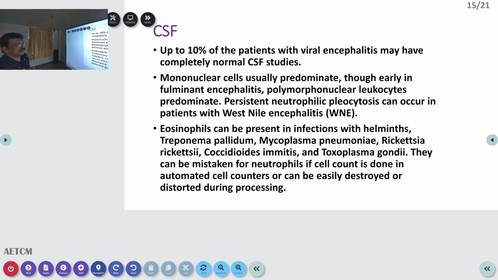Some viruses like West Nile virus encephalitis, there will be neutrophil predominance in the CSF, but in India it is not very common. Eosinophils are also seen in some infections, but classically eosinophils are not seen in viral infections. Very rarely you get eosinophils in viral infections.